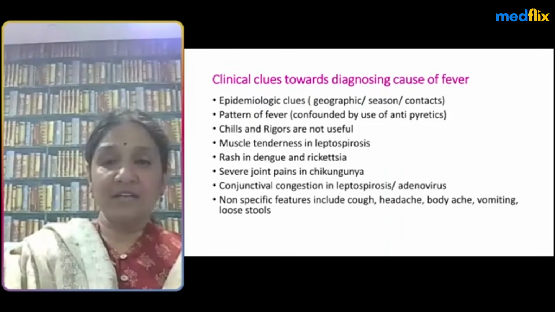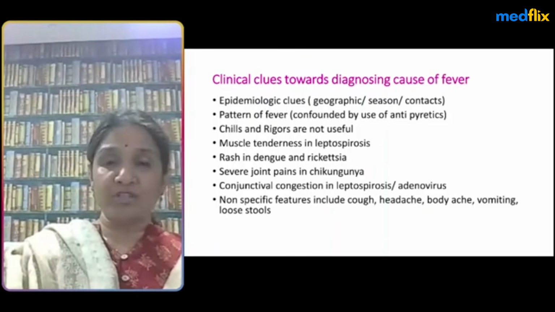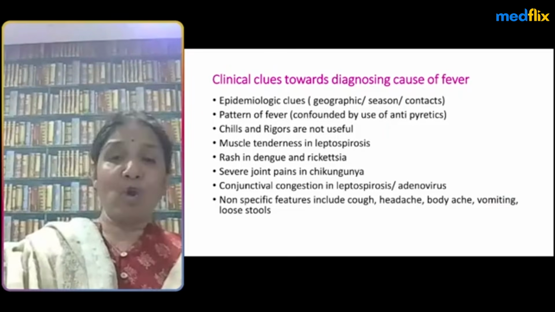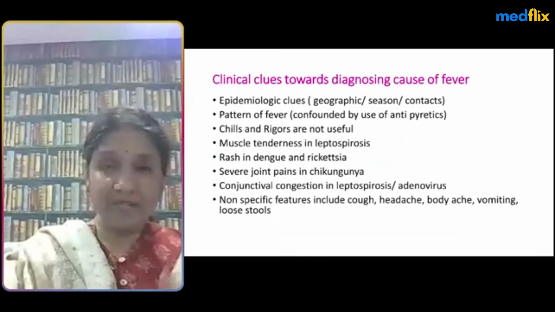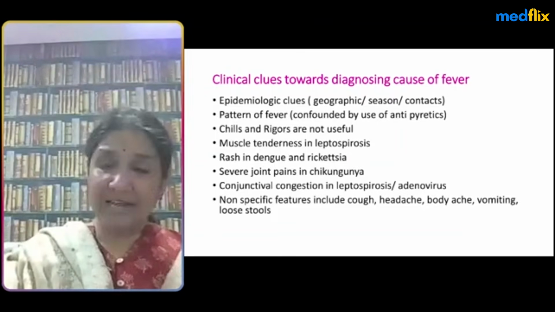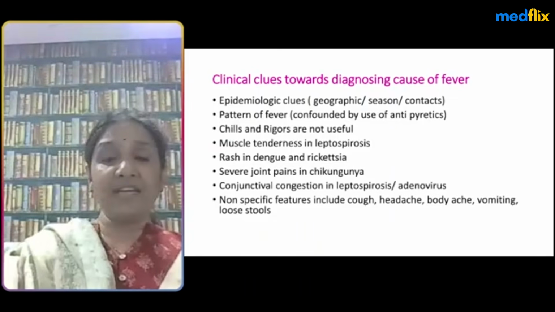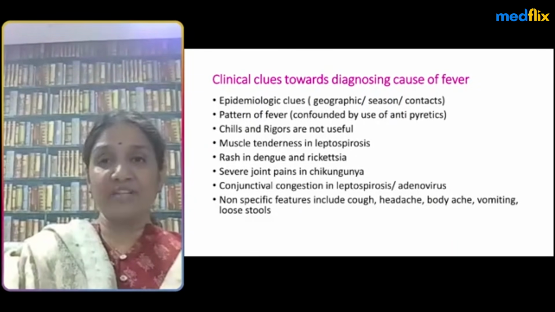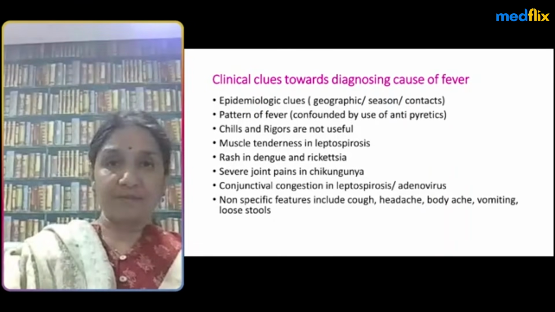Like in the recently concluded season, at least in Mumbai, we knew that the most common causes of fever were dengue and chikungunya. So sometimes, if you have one member in the family having one fever, you know that the other person, if he comes with fever, is most likely going to have the same cause. So you often ask the patient, is there any other person in your family who is sick? And if they say, yeah, someone in my family was recently diagnosed with dengue, then you know that probably this patient would also have the same cause.